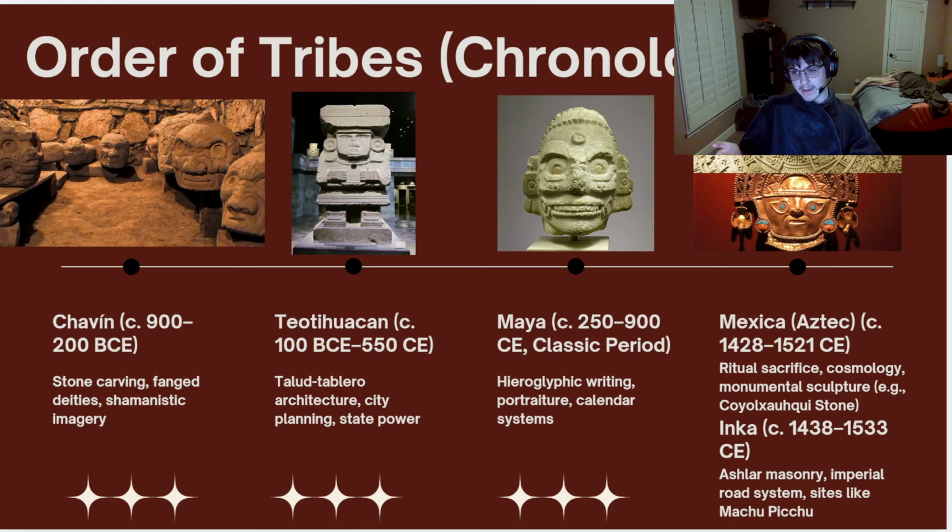Anyway, the Inca tribe, their capital was at Cusco, like the guy from The Emperor's New Groove and all that. They had precise masonry, ashlar masonry, I don't know what that is, but they had precise that. And they had road systems which unified the empire.